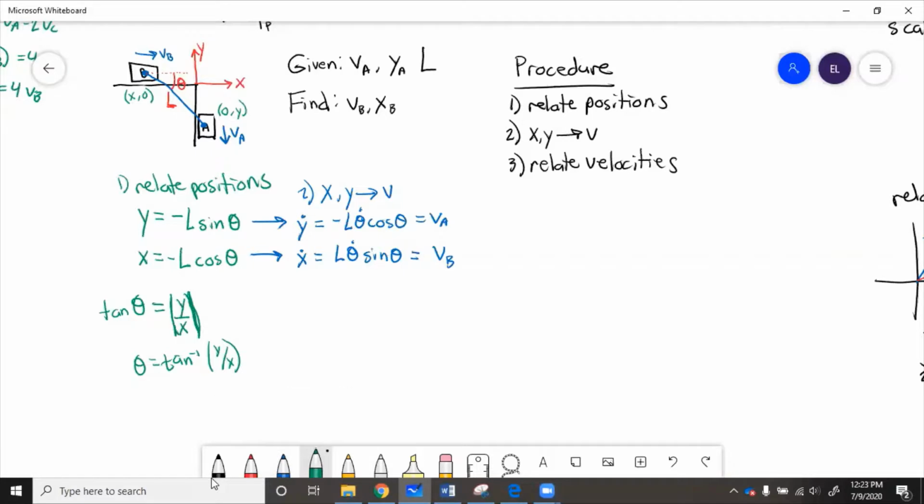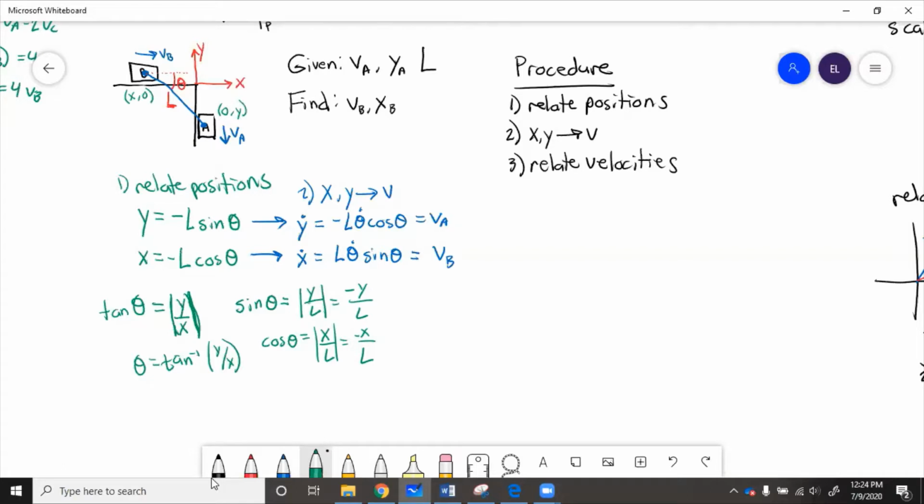So also here, theta is tangent inverse of y over x, but also we know sine theta equals y over L, and cos theta equals x over L. Absolute value here. So then really that is negative y over L because y is down, and negative x over L because x is down.